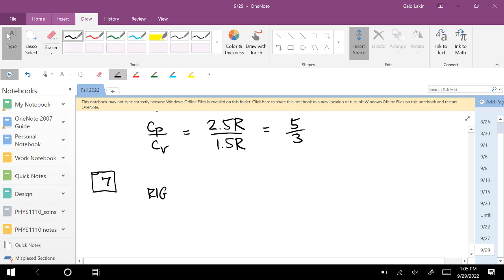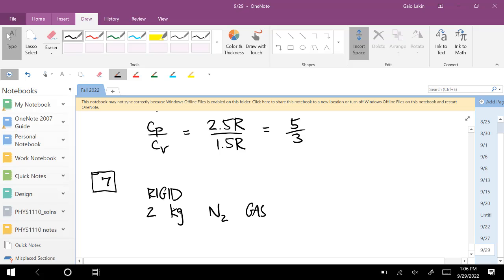Okay, so it's a rigid tank. The amount of gas is 2 kilograms, and it's N2 gas. That's important because it means we can look up the molar mass of it, and also it means maybe we can look up the specific heat of the gas.